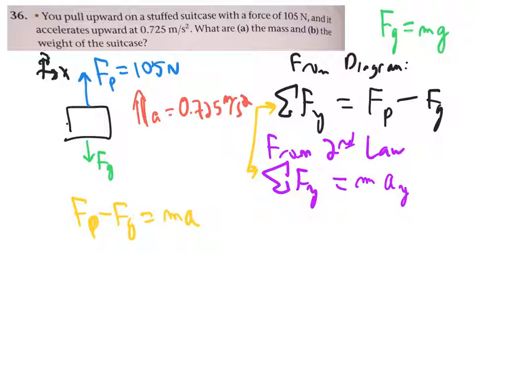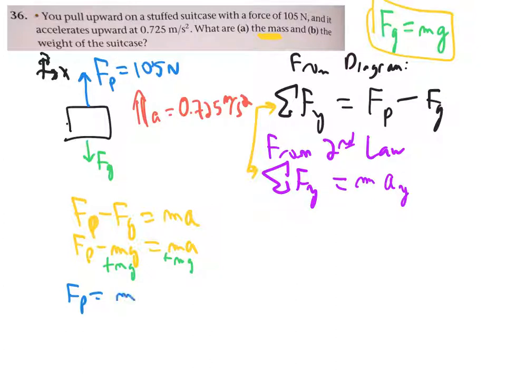And then we can put in this here, so we can say that Fp minus mg equals ma. We're trying to isolate m. We want to find the mass. So I'll do that by bringing mg to the other side, and we'll be left with Fp equals mg plus ma.